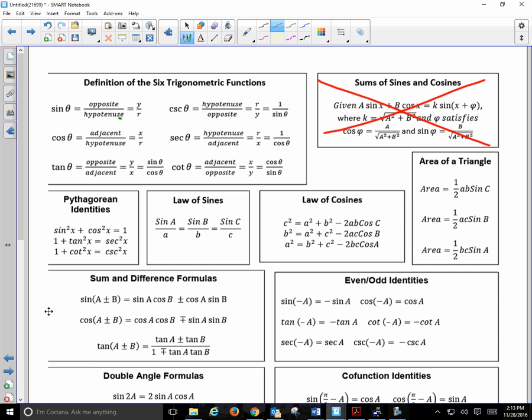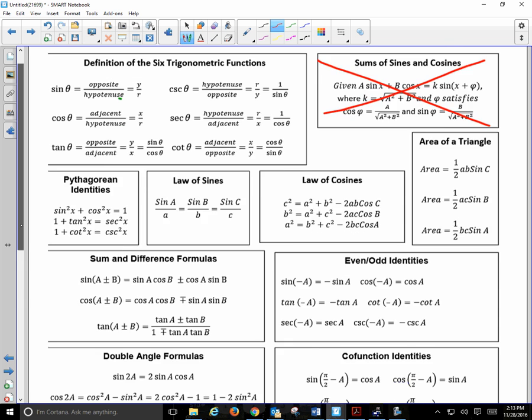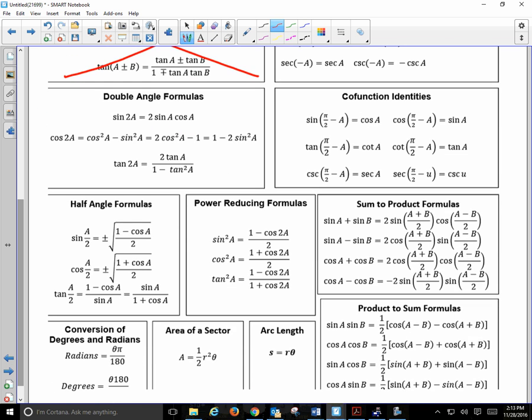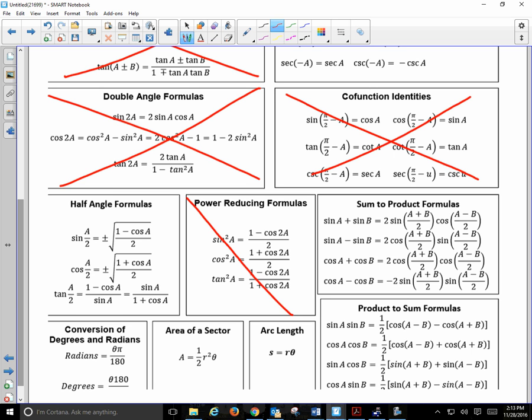You can cross it off. Second of all, I will not require you to know how to do this. Third of all, I will not require you to know how to do this, or this, or this, or this, or this, or this.